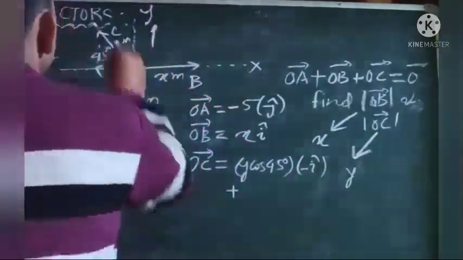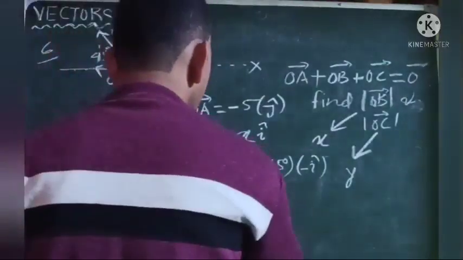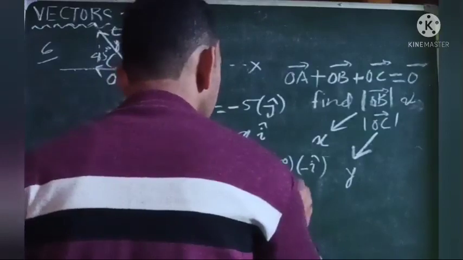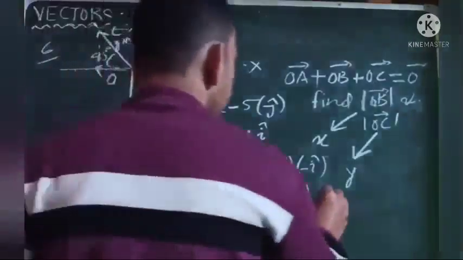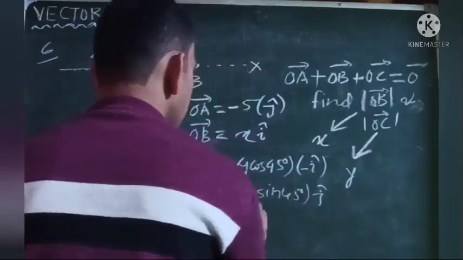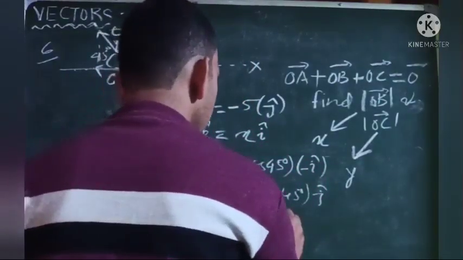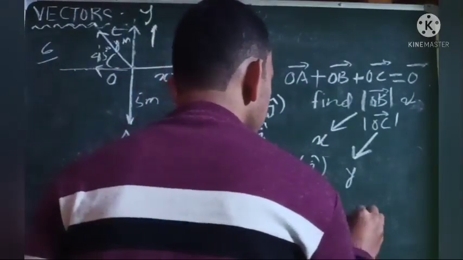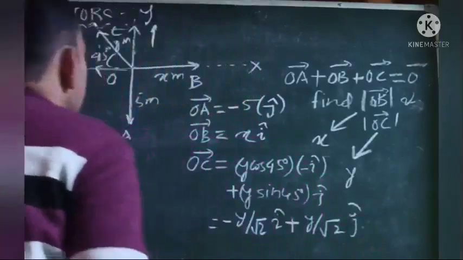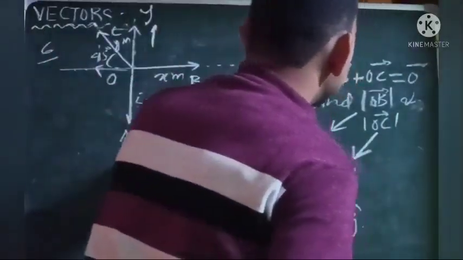The other component is y sin 45 degree, and it will be in the direction of j cap. So OC vector is minus y upon root 2 I cap plus y upon root 2 j cap. Now we have to use the given statement.